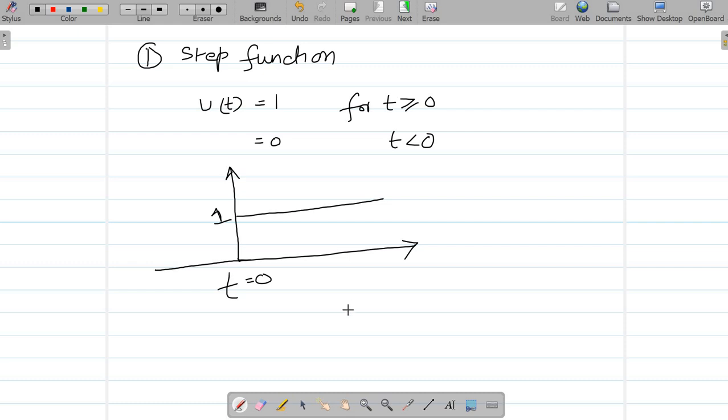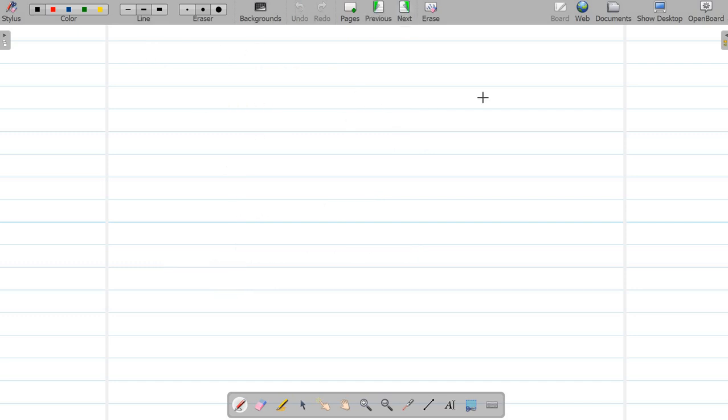Now let us take the next elementary signal, which is the ramp signal, the ramp function, or more specifically it is known as the unit ramp function, because the slope will be equal to 1 here.